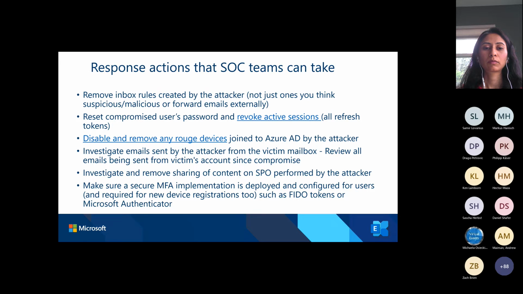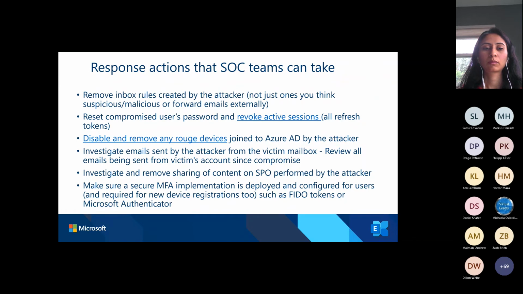Look for devices which were joined while the attacker had access to the compromised account. If there is no requirement to use MFA to join a device to the organization, then this can be used to fulfill second factor authentication requirements. So that's a technique we've seen used heavily recently. And also look for sent emails, not just inbound emails. When you're looking for business email compromise, attacks are low volume and trying to trick users, so it's worth having a look at the outbound sends.